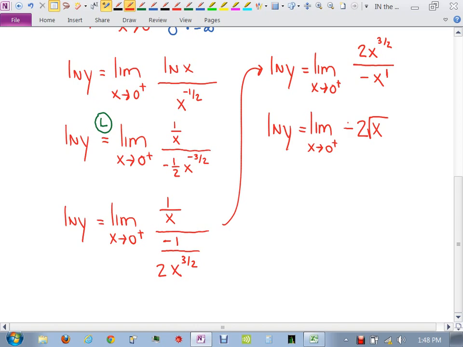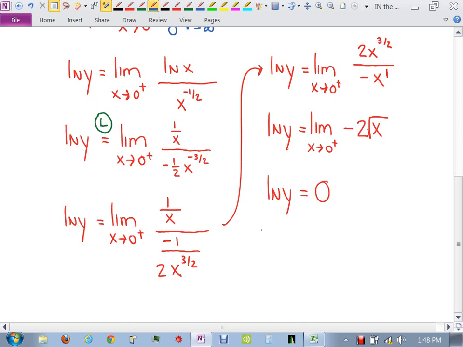So I'm done. I'm ready to take the limit now. So let x go to 0. And doesn't that right side go to 0? Right? To 0? So you get natural log y equals 0. Am I done?